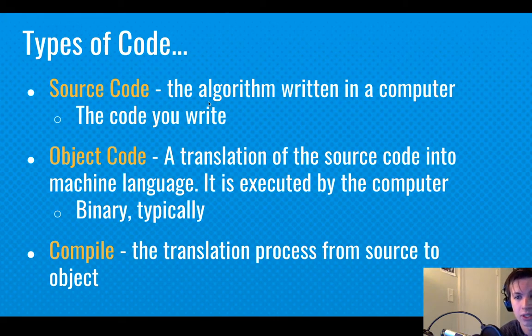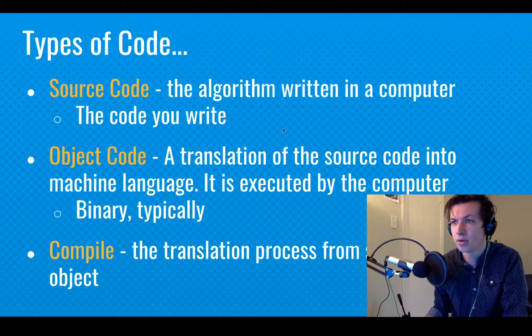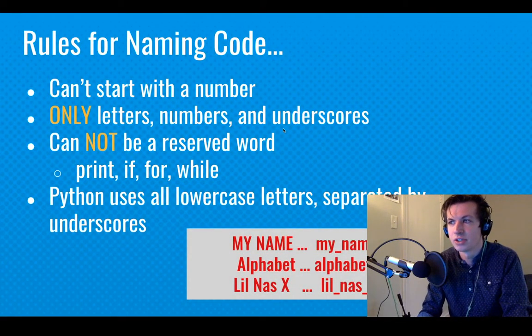All those words that we type out, we turn them into ones and zeros, and that's what the computer is able to read, because the computer can only read ones and zeros. And then a compiler, or to compile, is the translation process from source to object, so moving one code to another.